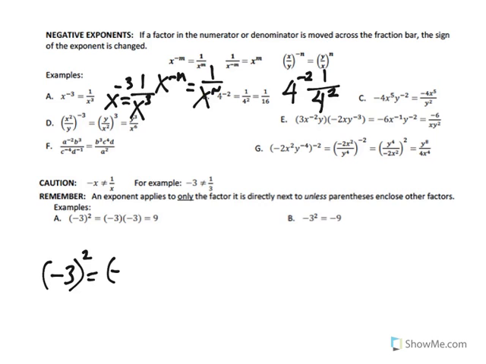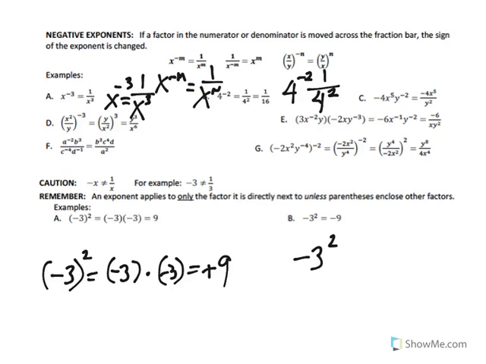So I need to do negative 3 times negative 3, and then I'm going to get a positive 9. This isn't saying multiply 3 squared and then add a negative at the end. It's saying the whole piece that you're using is negative 3, multiply it by the whole piece that you're using, which is negative 3, and you get positive 9.